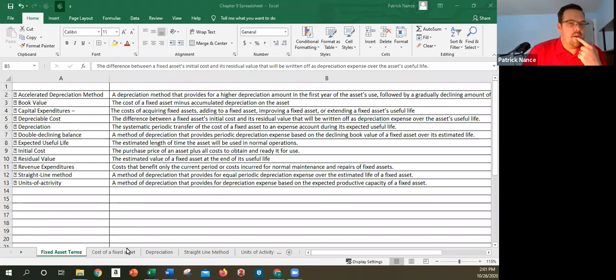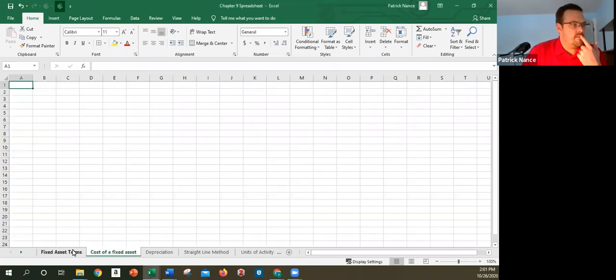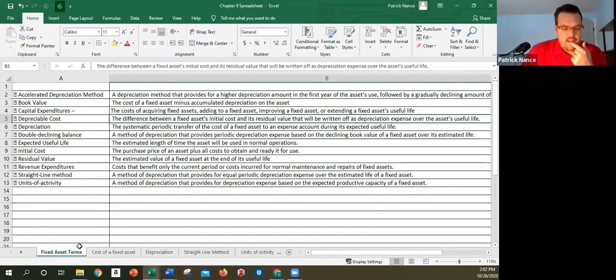So how do I classify the costs of a fixed asset? So the cost of a fixed asset, effectively anything that I need in order to make that fixed asset ready to be used is what would be included in the cost of that fixed asset.